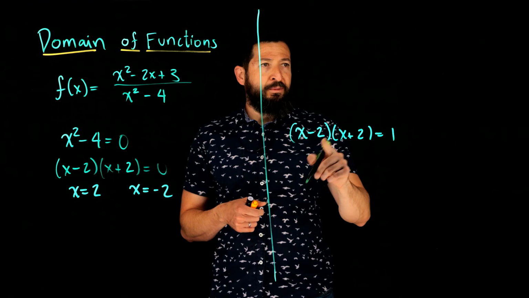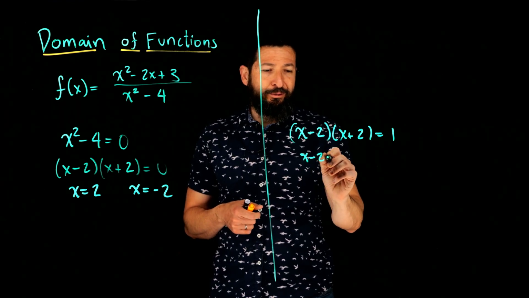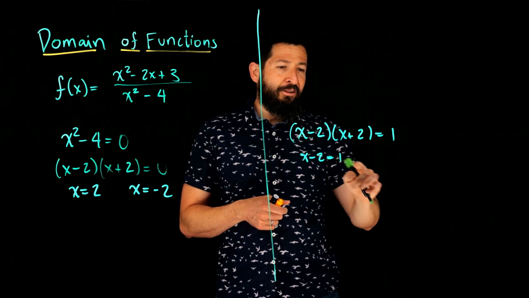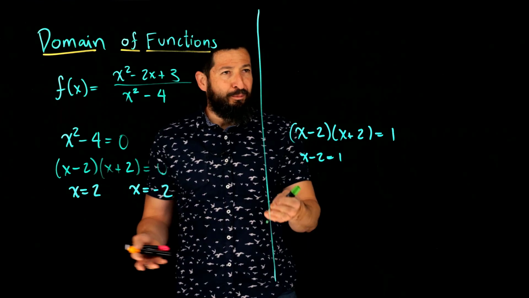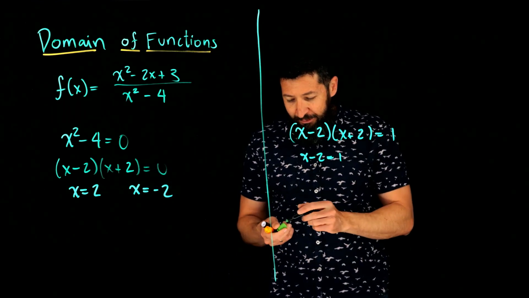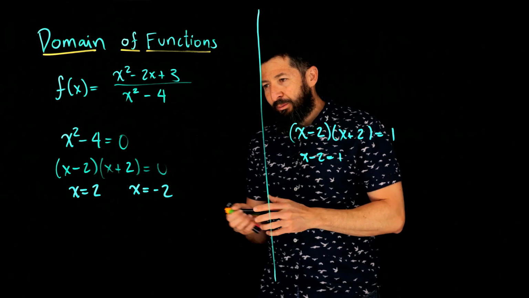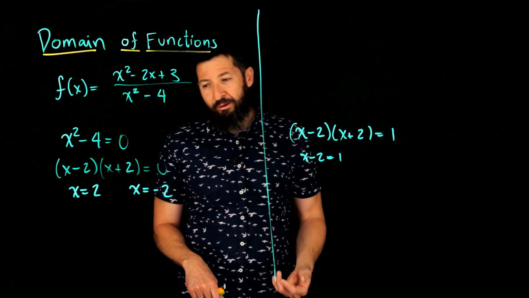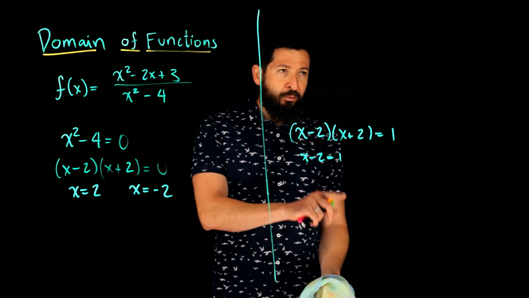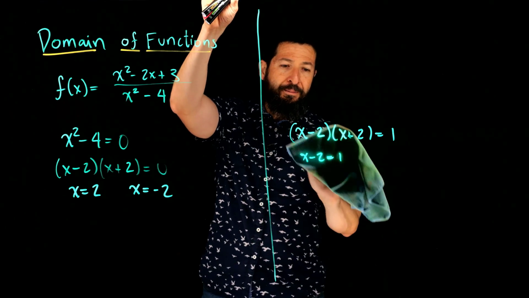And so people make the mistake, they say, well, then x minus 2 equals 1 and something else. No, that doesn't work for any number but 0. Because the only way two numbers can multiply to 0 is if one of them is 0. So be very careful with that. That's a very typical mistake.